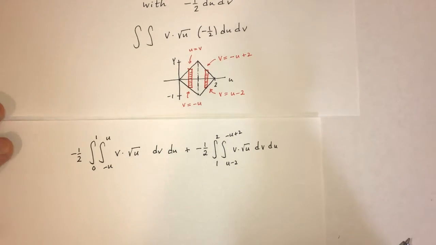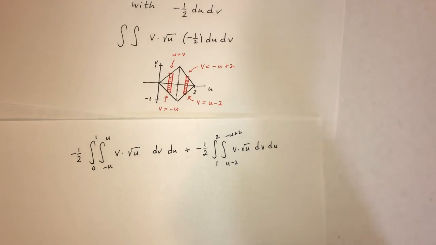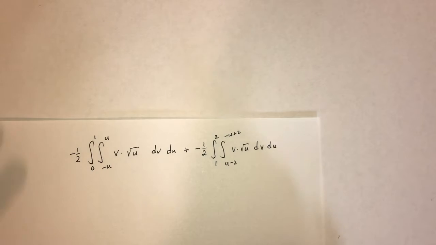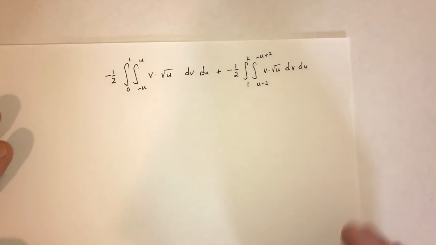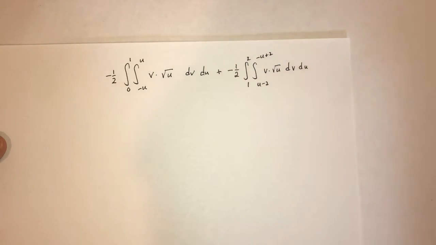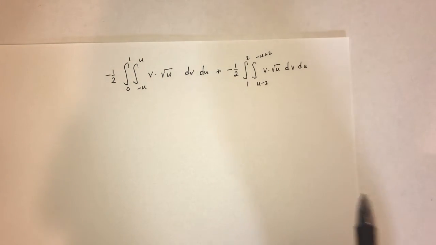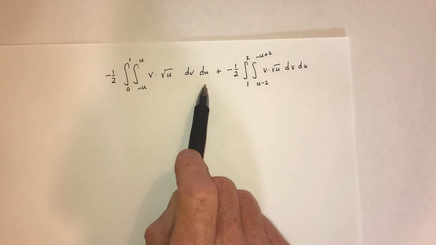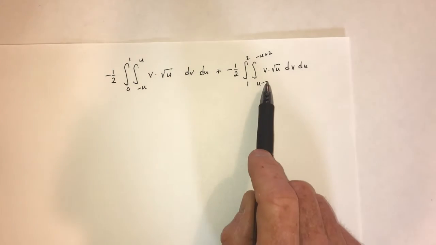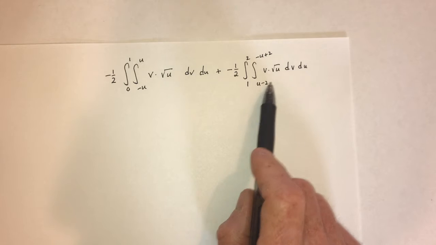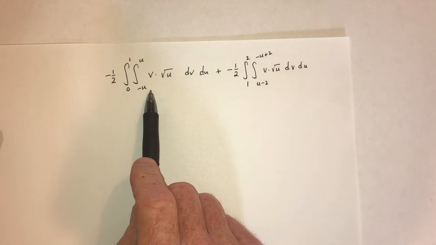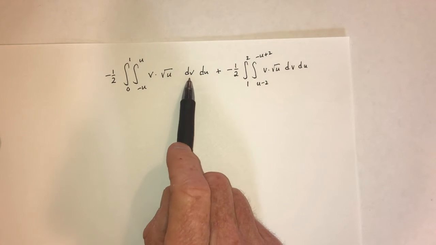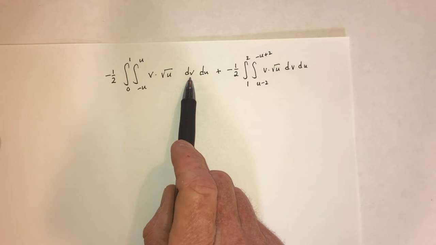All right. It's only been a few minutes and we already set up the whole integral. Now we need to actually do the work. So I'm going to do this one, and then if we have time, we'll come back and do this one. But let's just concentrate on this one. So this means integrate with respect to v.